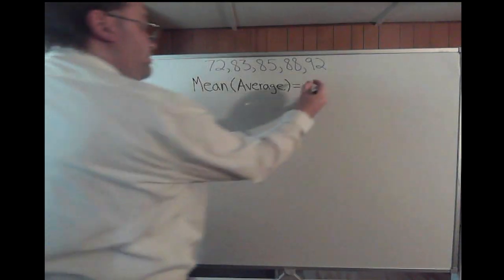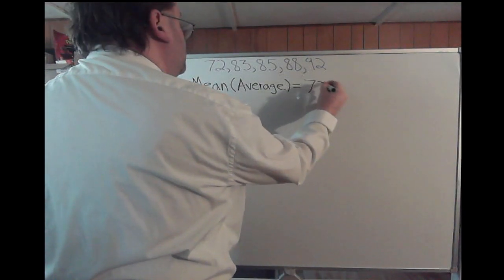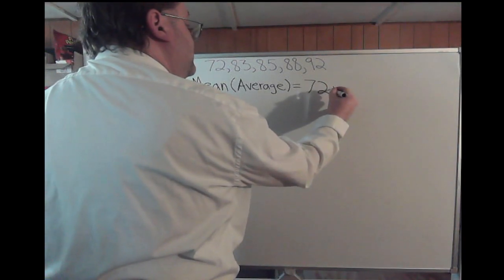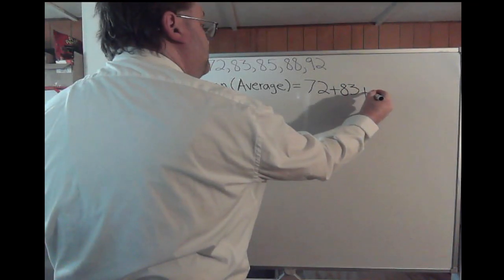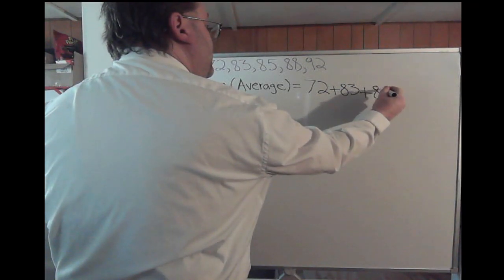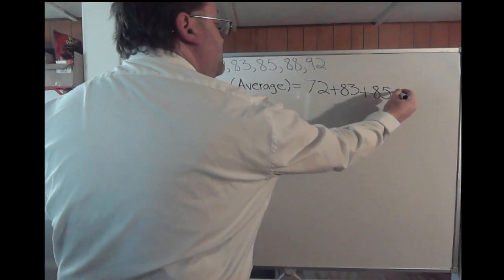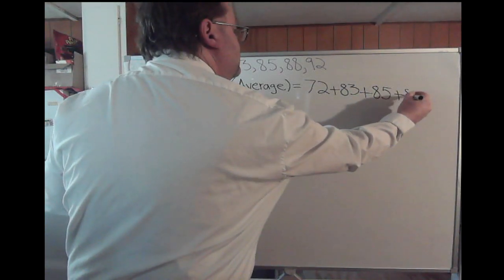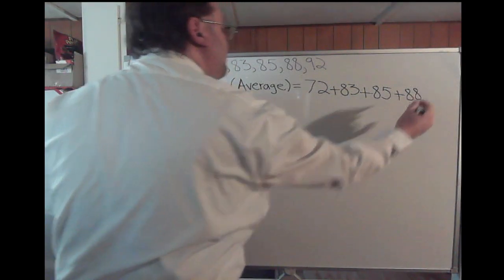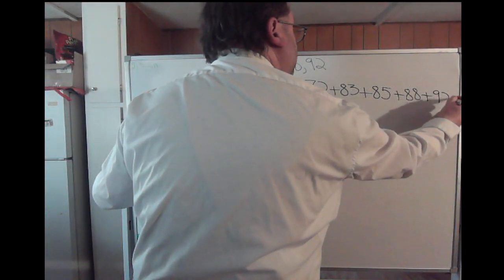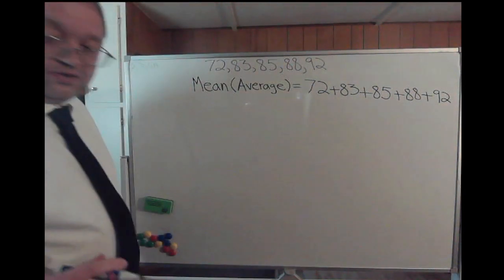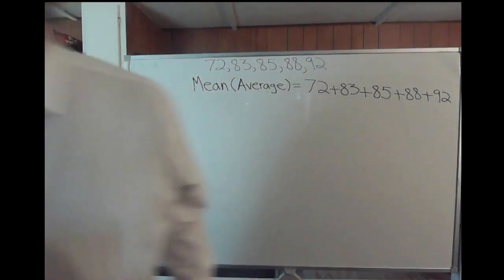You're going to add all these numbers together: 72 plus 83 plus 85 plus 88 plus 92. So take all these numbers, right? We're going to add them together. Let me make sure y'all can see it.